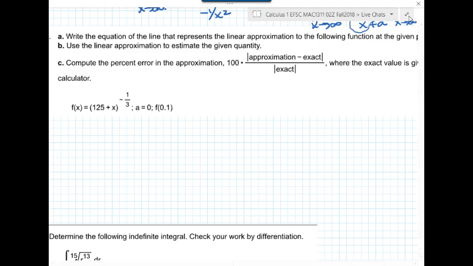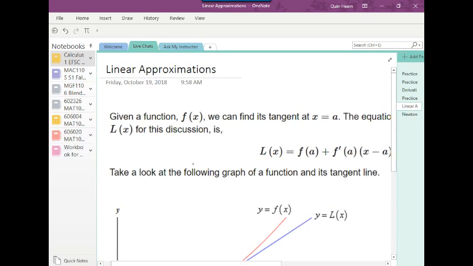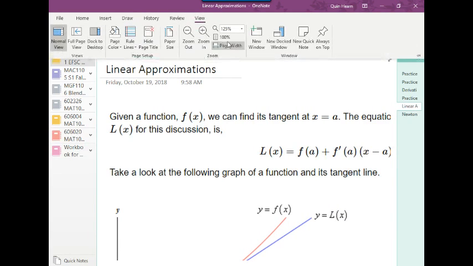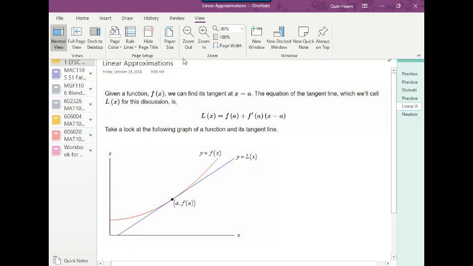Okay, so the next thing that we're going to look at is number 5. I know that's kind of small. Let me make it a little bit bigger. This one involves writing a linear approximation.